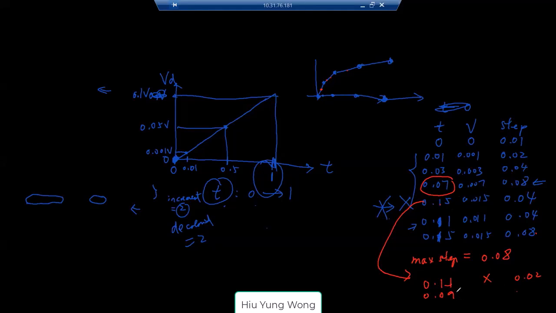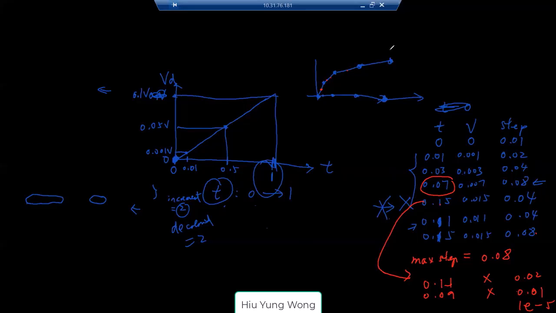Then I add 0.02, it doesn't converge for 0.09. Also, then I keep cutting. Eventually, you will cut to a point, let's say maybe 1e minus 5. It still does not converge. Then you will say, just say this is fail. We need to fix it. That's the fail of convergence. Okay, is this clear?